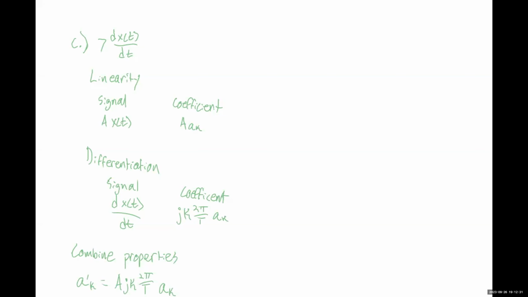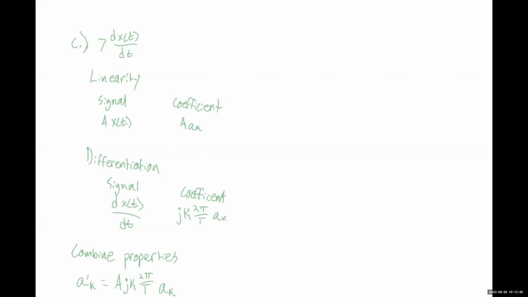So let's go. We know a prime of k. Oh, it's probably easier actually. We know our a value from up here, so we can plug that in right away. So we get 7 jk of 2 pi over T, which T is equal to 4, over 4 of k.